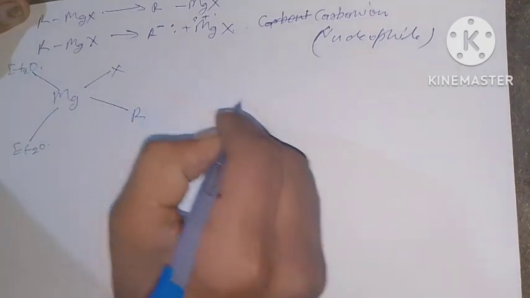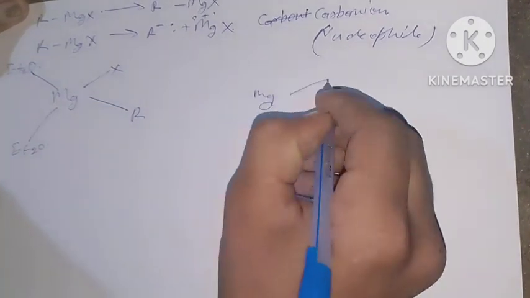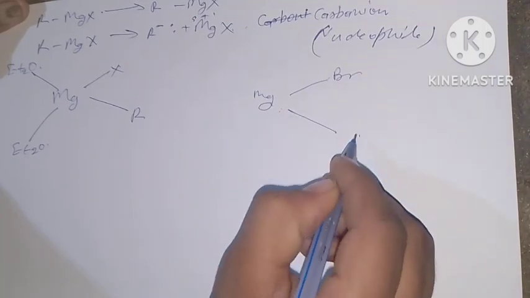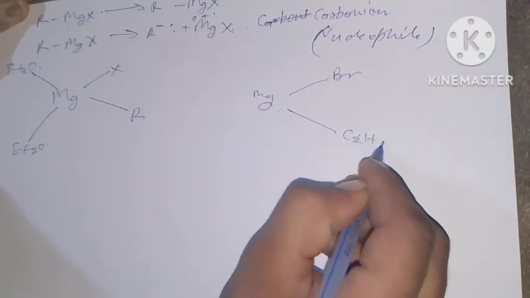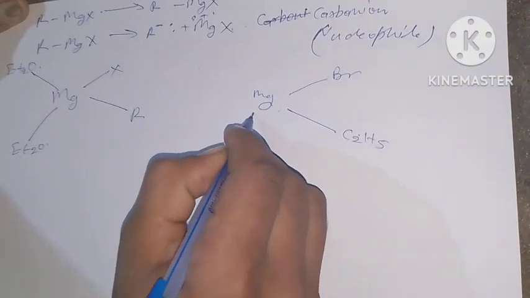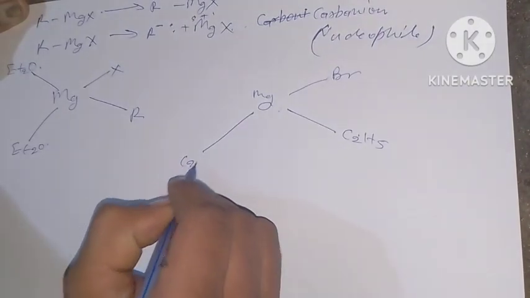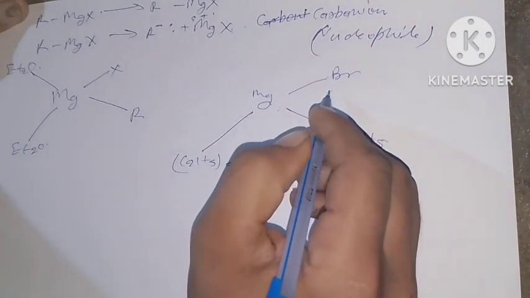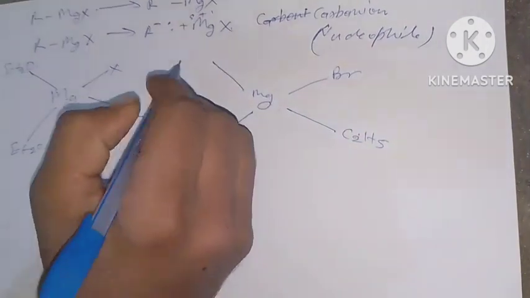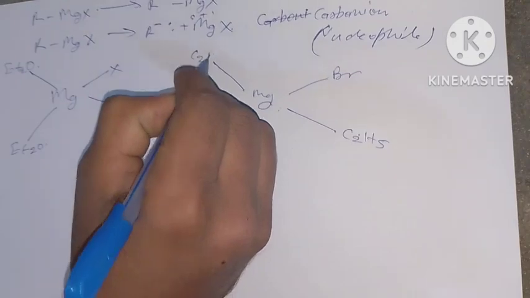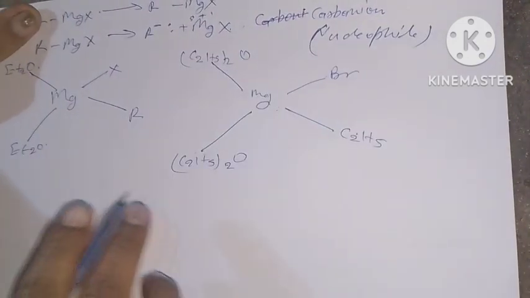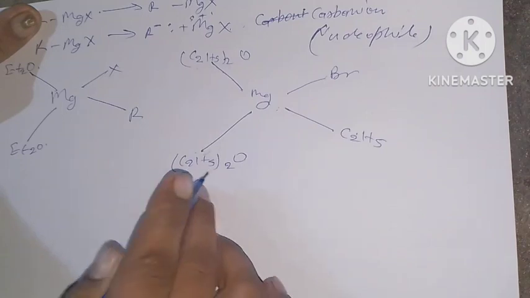That is magnesium, bromine, C2H5, and (C2H5)2O. This is the structure of Grignard compounds.